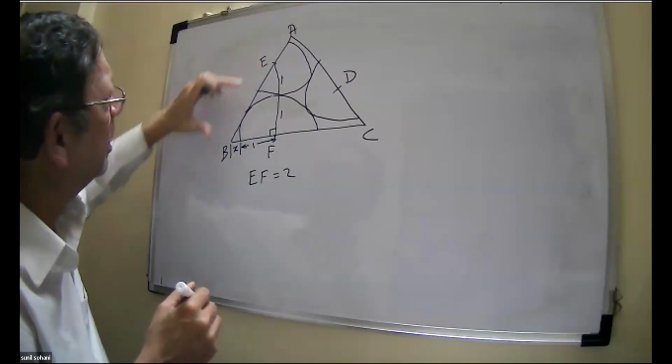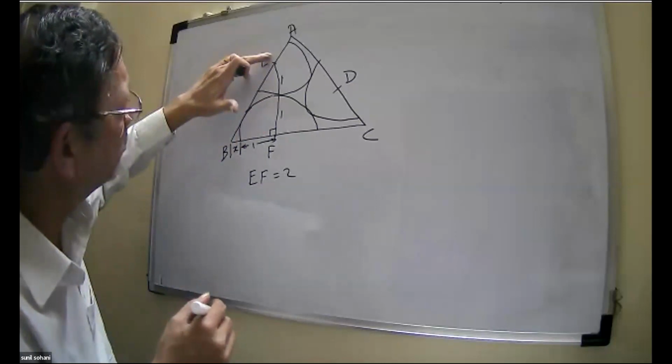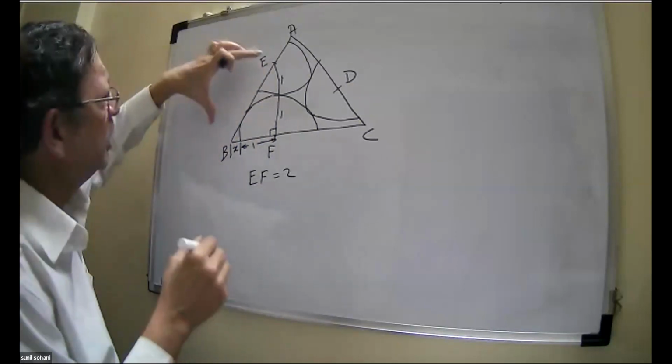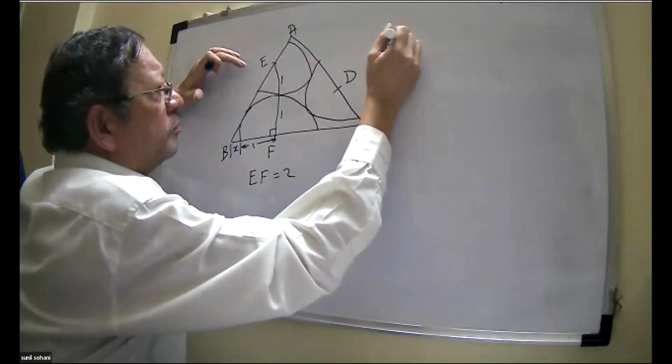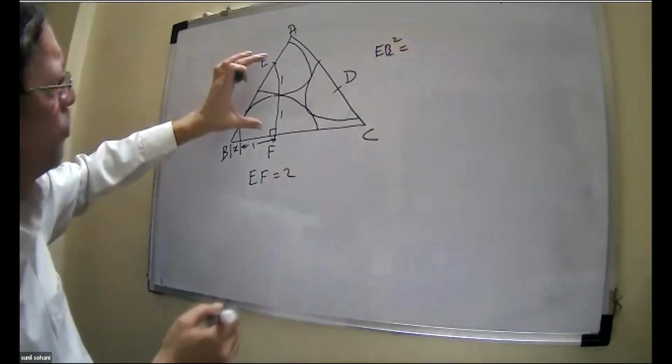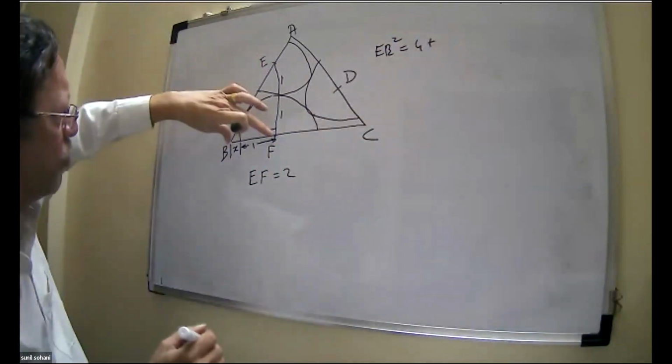So in triangle EFB, which is a right-angled triangle, we can use the Pythagoras theorem: EB square is equal to EF square, which is 2 square, 4, plus BF square.